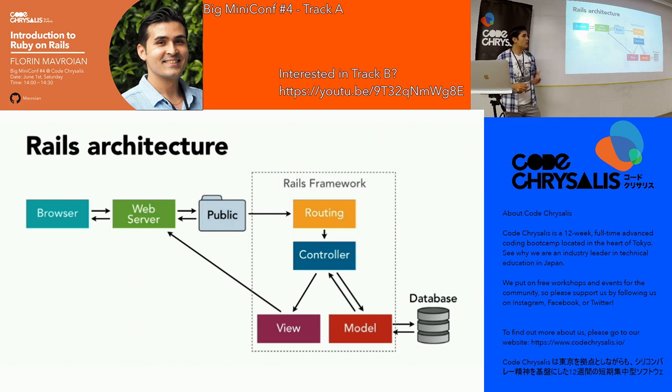The model is the one responsible for maintaining the relationship between your application and the data in your database, and the view is the visual layer of your application. It determines how the data is structured and how the user sees it inside your application. And then from the view, your user sees your page.